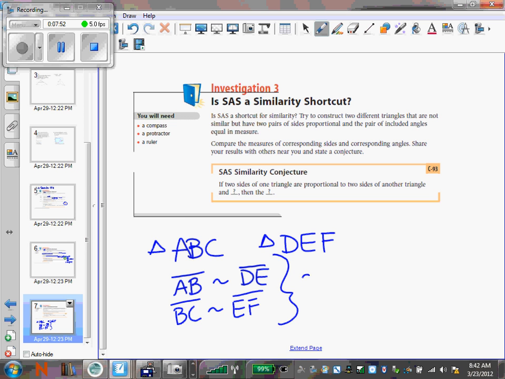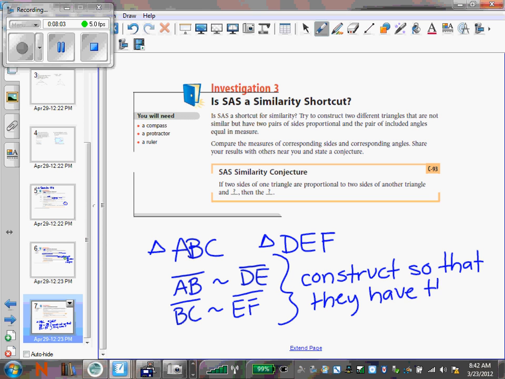So we want to construct these so that they have the same scale factor. One that you pick. I don't care, half or 2 seems to be the most popular to do.